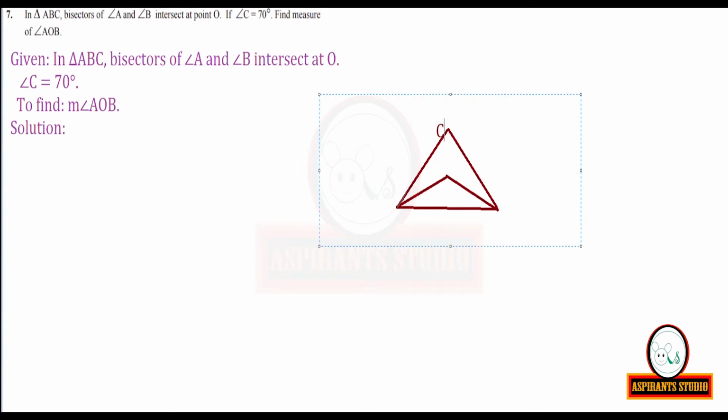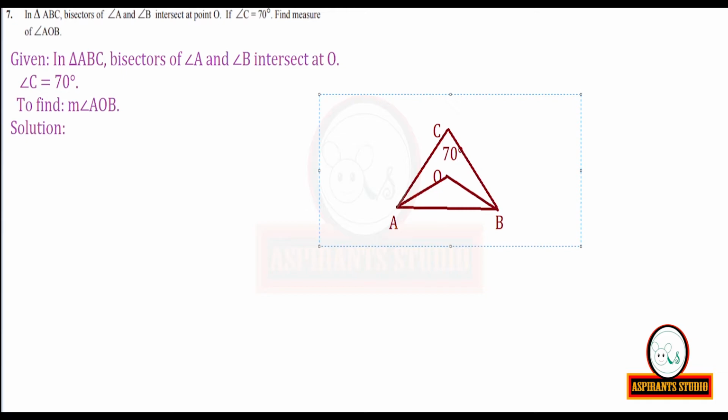Show the bisectors of angle A and angle B to intersect at point O. Measure of angle C is equal to 70 degrees is given. You have to find the measure of angle AOB. Show measure of angle ACB to be 70 degrees.